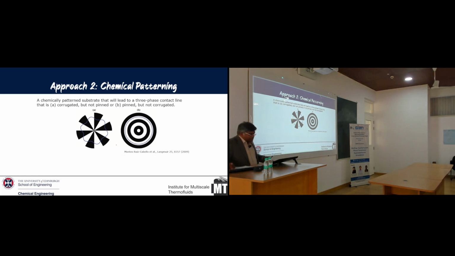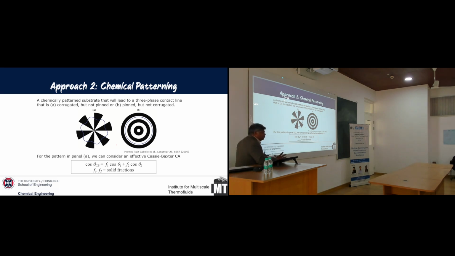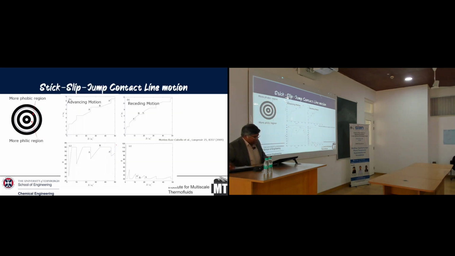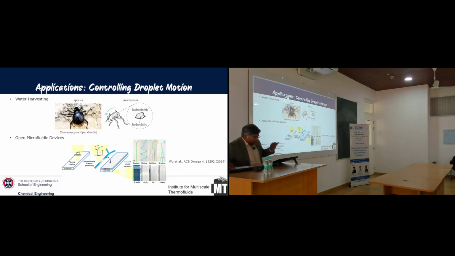If you look at this, one can estimate the so-called contact line conditions based on the fraction which is considered to be wetted in a certain pattern with a certain chemical patterning, and the other one, F2, is probably the white region. This is how you can look at different states in which a droplet can sit on such surfaces.